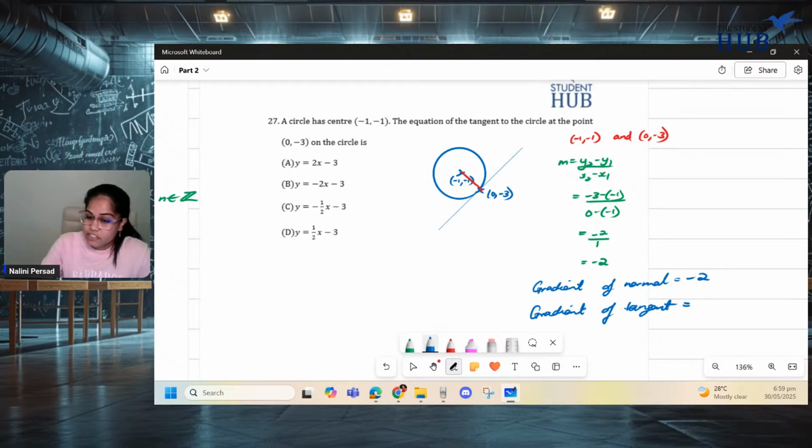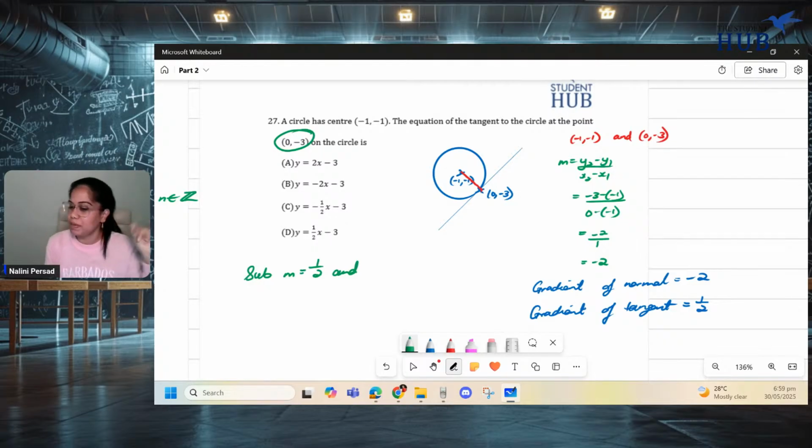It will be the negative reciprocal, which will be the reciprocal of 2 over 1 is 1 over 2. Right? So the gradient of the tangent is a half. If I have the gradient as a half, and the point is 0, -3, that point is a special point because it is telling you the y-intercept.